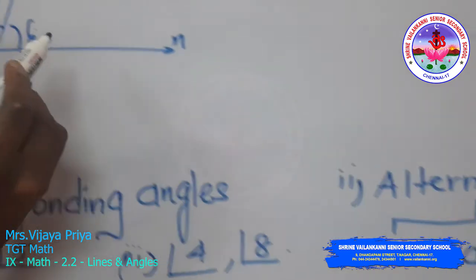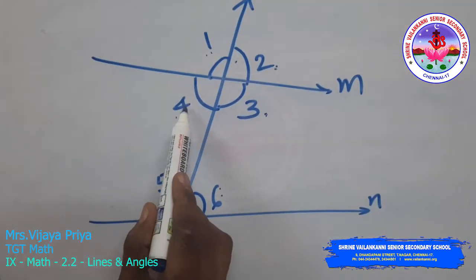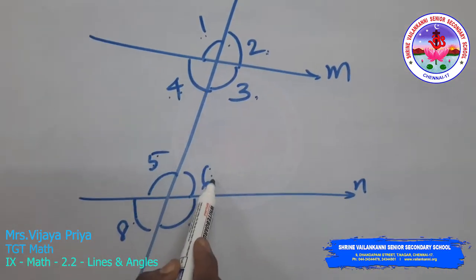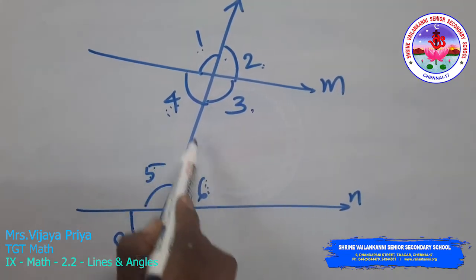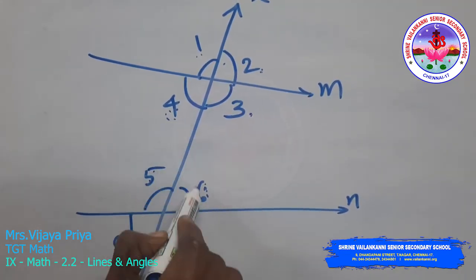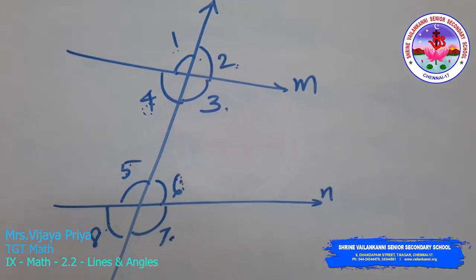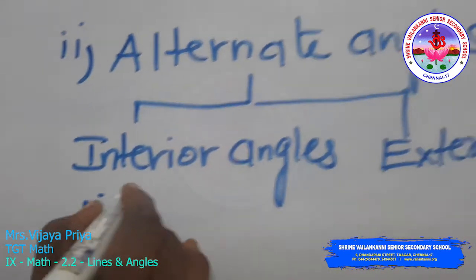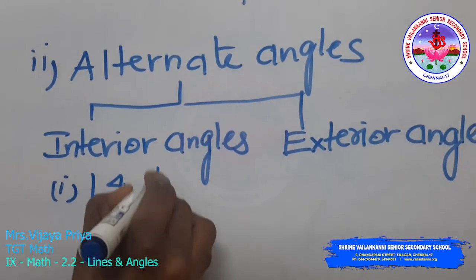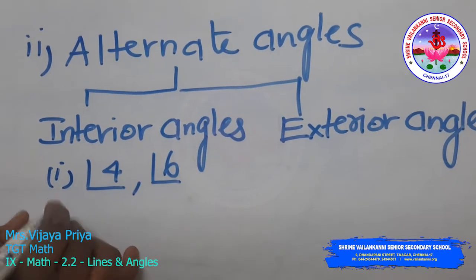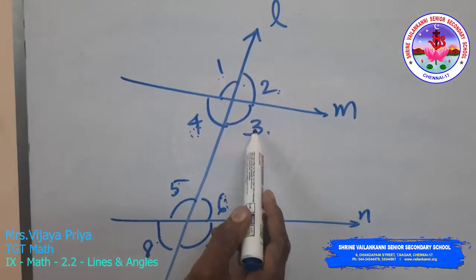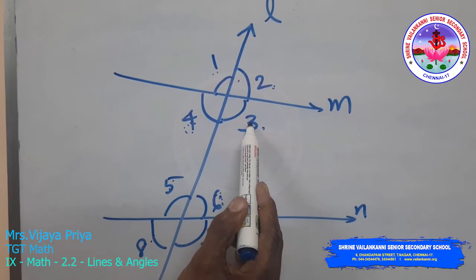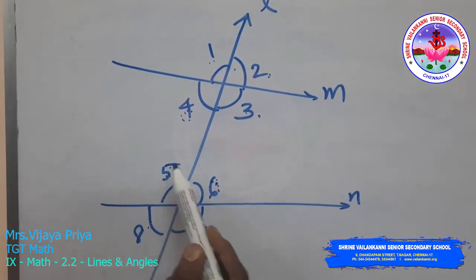Coming to the figure, you see here angle 4 and angle 6 are one pair of alternate interior angles. The second pair of alternate interior angles is angle 3 and angle 5.